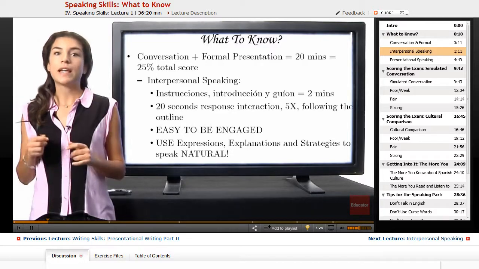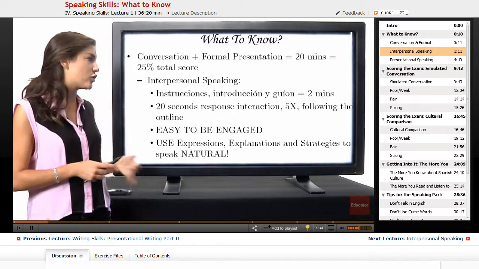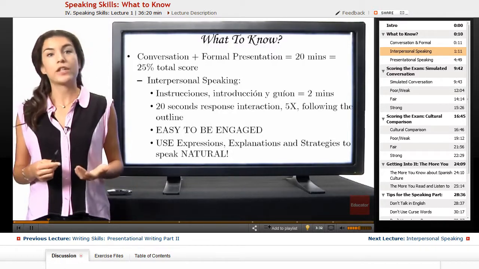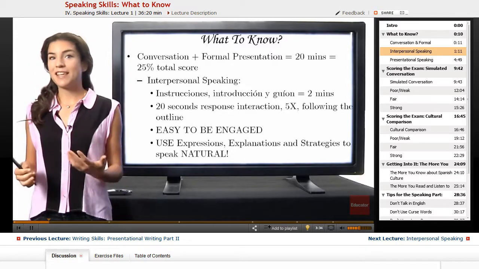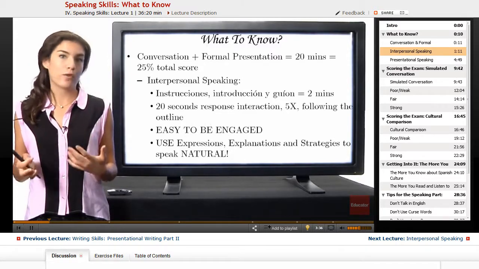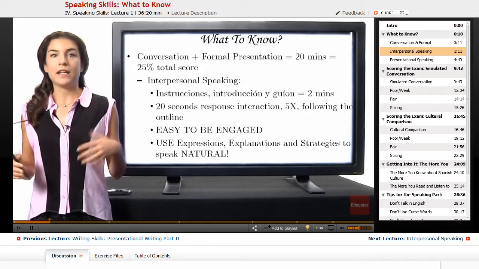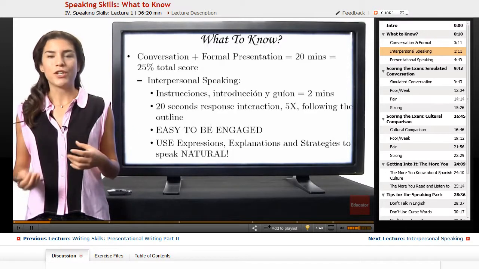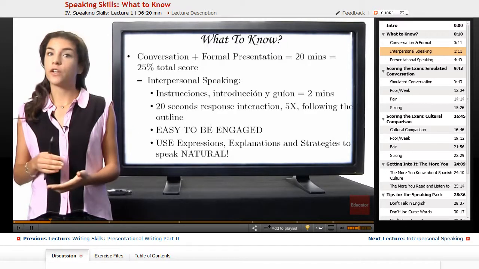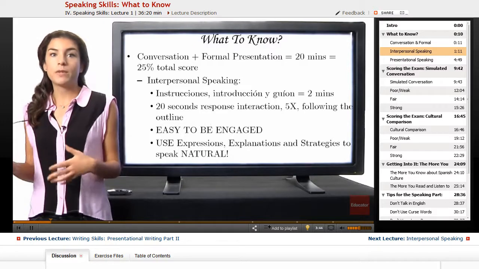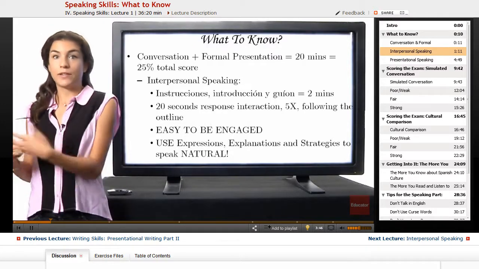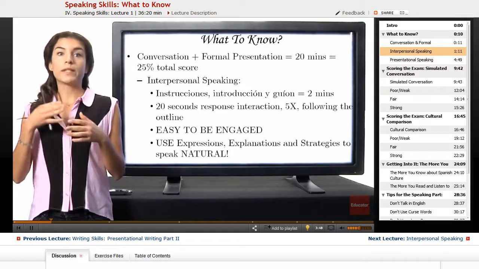You need to use expressions, explanations, and strategies to sound natural. You cannot speak like a robot. You cannot always give simple answers without even giving a tone. You need to get involved in the conversation the way you would if you were talking in real life. That's always the point of the exam.